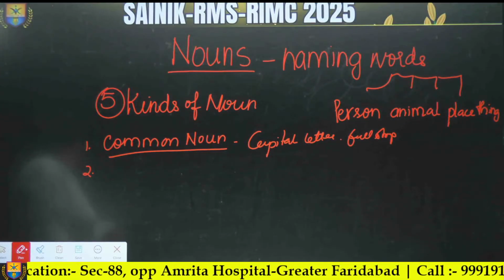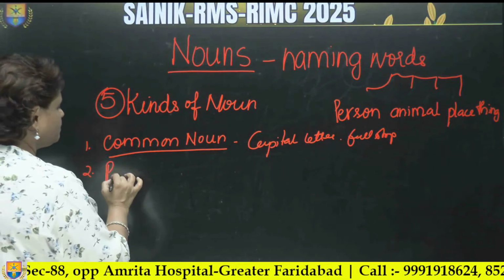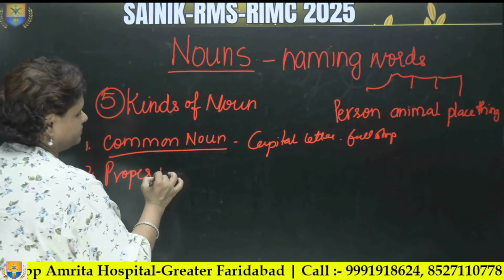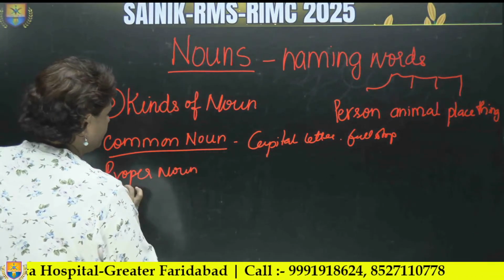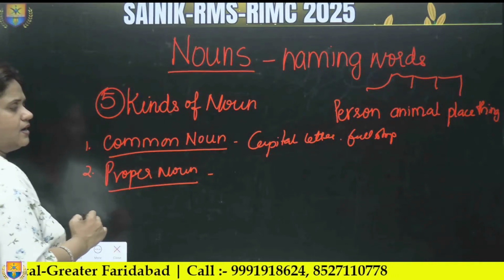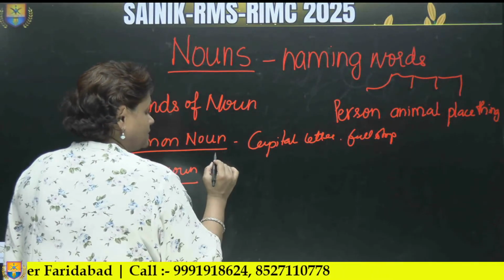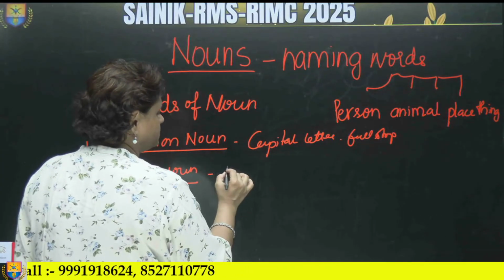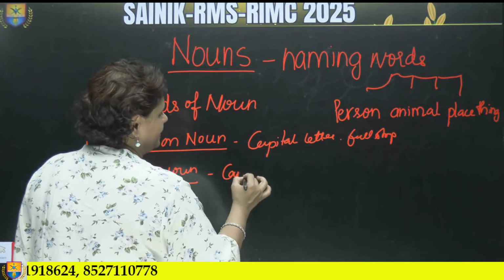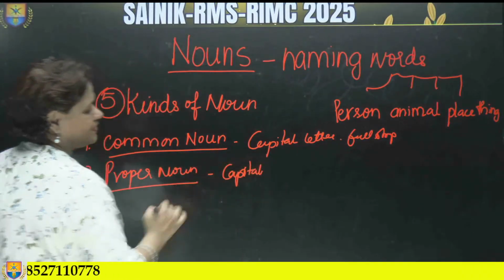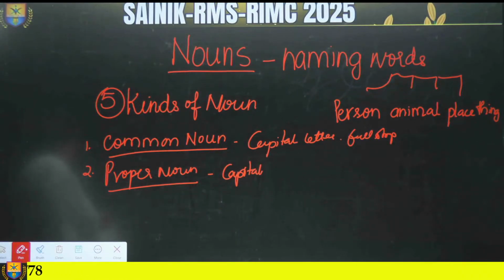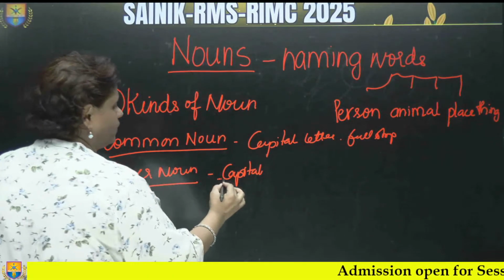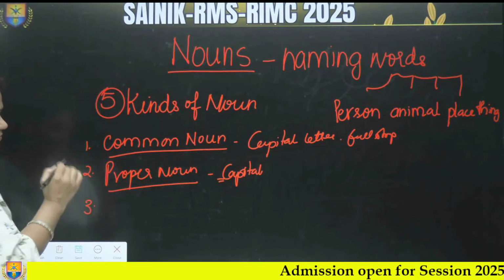The second kind of noun, we had proper noun. In proper noun, we had studied when the place, animal, thing, it starts from the capital letter. It should be in capitals and it stands for a particular person, place, or thing. The first letter written is always the capital letter.